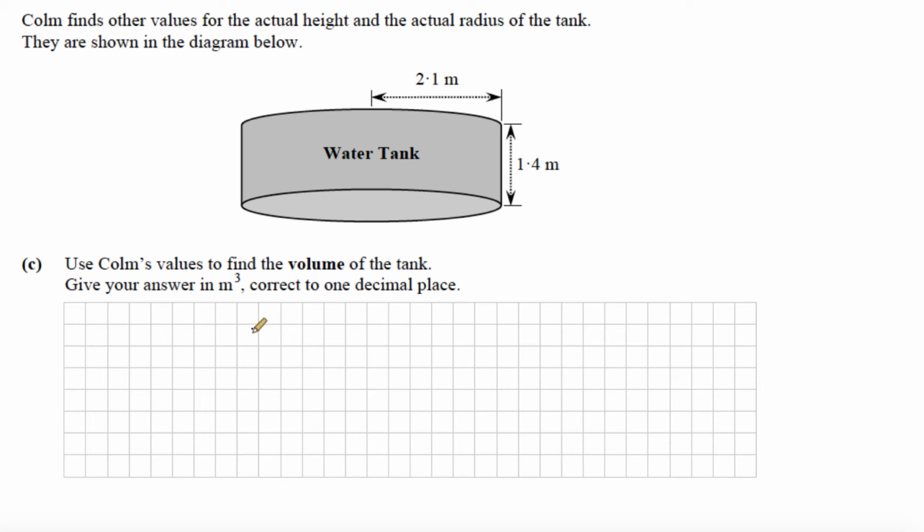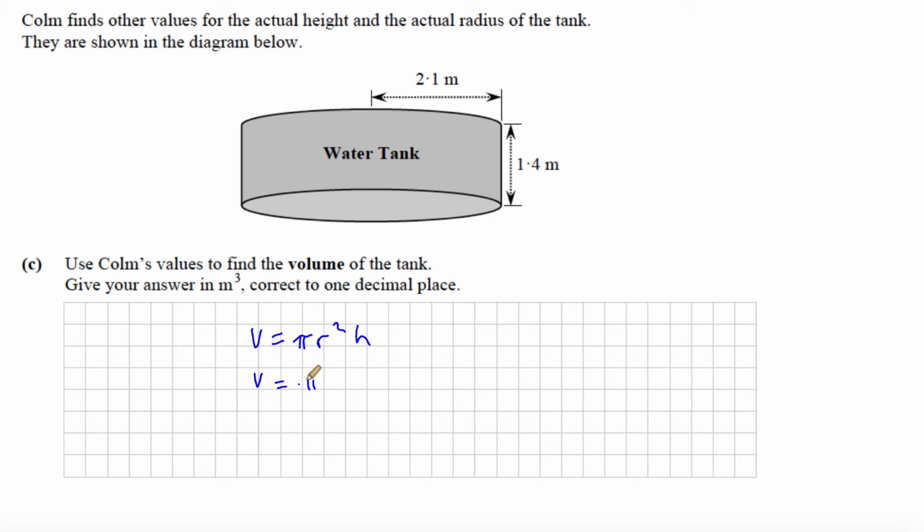Okay, well, the volume of the tank, this tank is a cylinder, so the volume of a cylinder from our tables book is pi r squared h. So we're going to plug these numbers in.